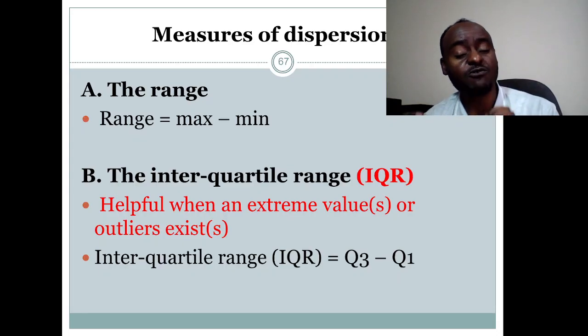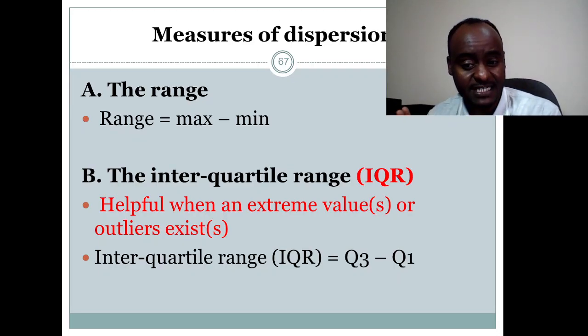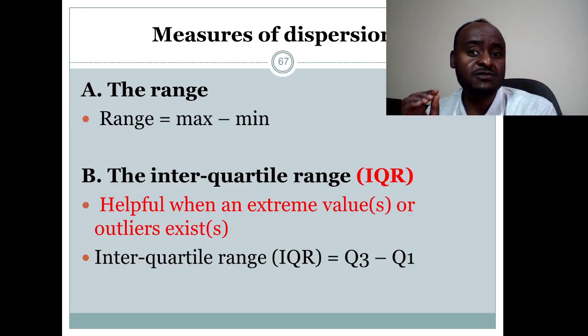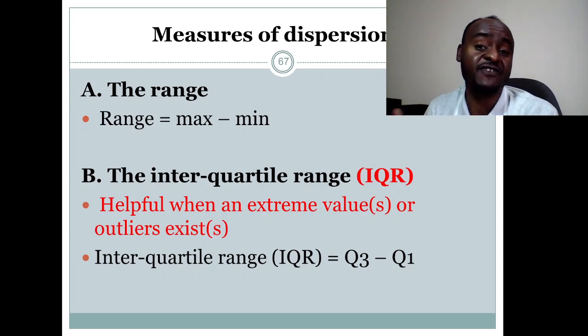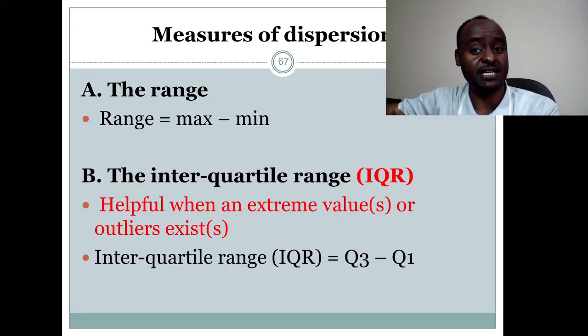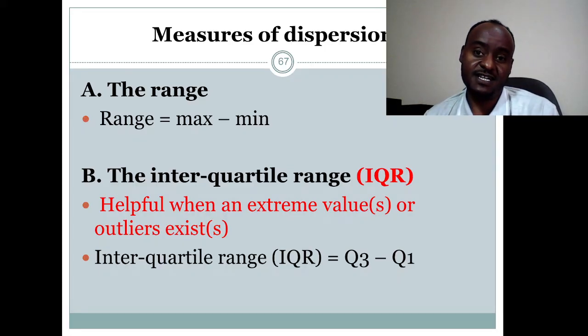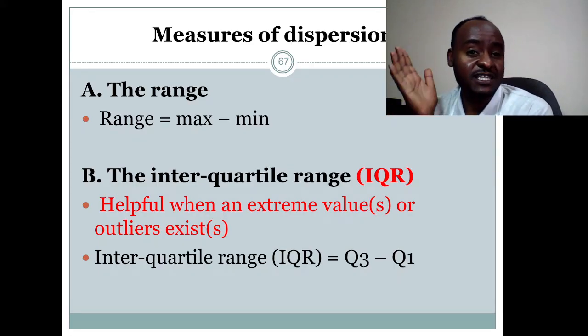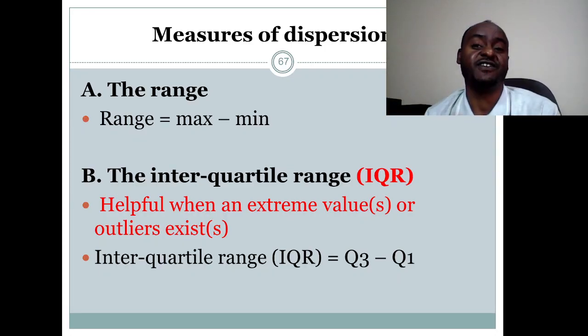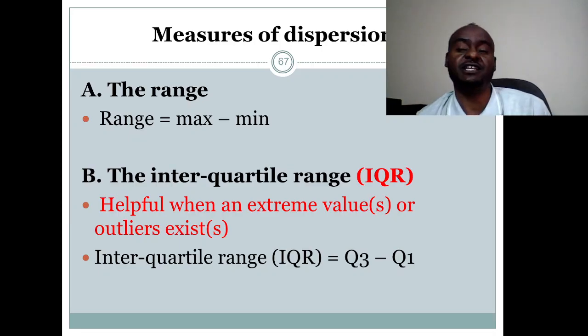Simply, the first quartile separates the lowest 25% of the data sets from the higher ones, the 75%. It separates the first 25% from the other 75%. That is quartile number one.